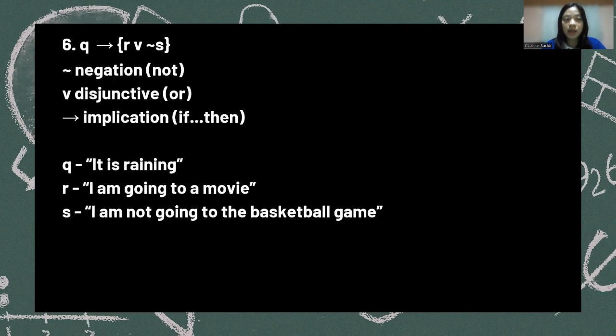So we have the negation or the not connective, then the disjunctive or the or connective, and the implication or the if then connective. So we have these statements Q, R, and S: it is raining, I am going to a movie, and I'm not going to the basketball game.